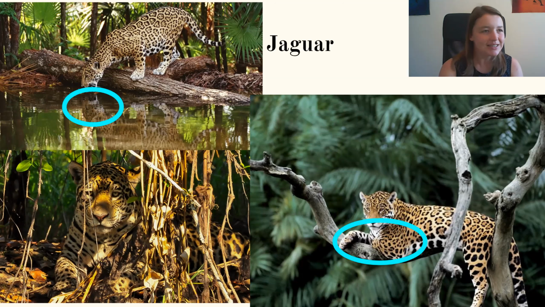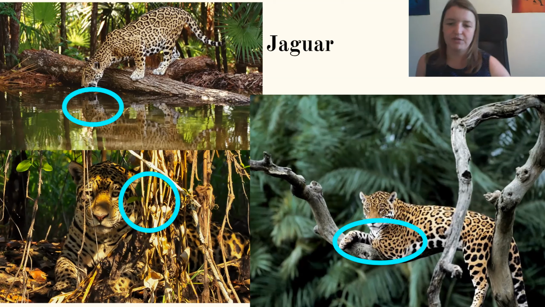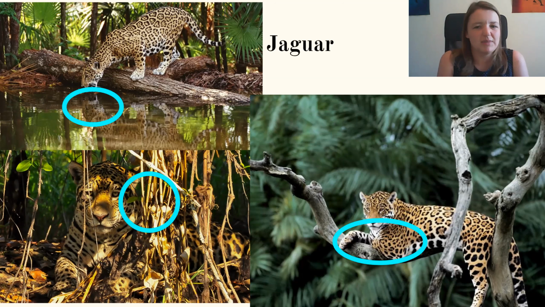It has space to live in, but it also has space that it can go and look at lots of other prey and be safe in its environment. And there is a bit more safety there, ready to pounce on its food. Now we can't see that jaguar there with any food, but it looks quite healthy to me. So I'm going to infer that there is definitely food in this habitat of the rainforest for the jaguar.